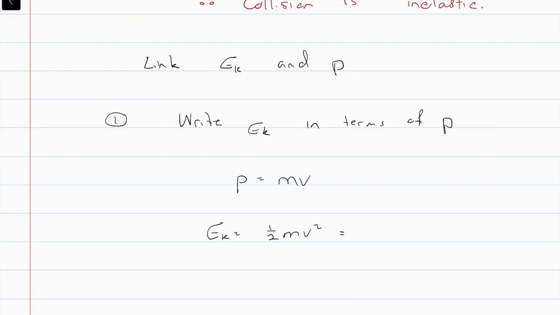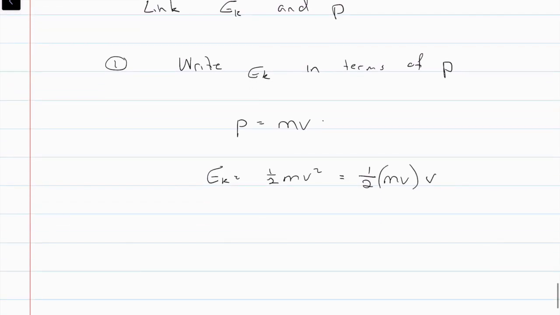We can also write this as EK equals a half mv times v to get the v squared, and there is our momentum term. So EK equals a half times the momentum times the velocity.